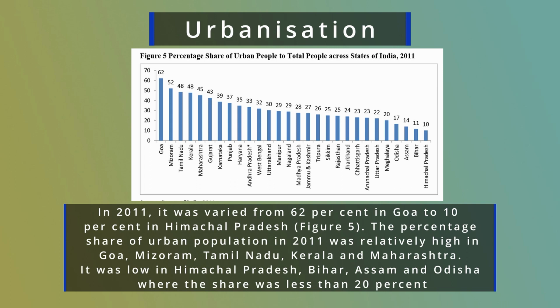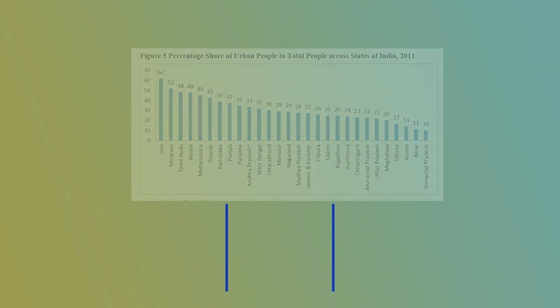In case of Odisha, it is 17%. In case of Meghalaya, it is 20%. That is, for these 5 states like Meghalaya, Odisha, Assam, Bihar, and Arunachal Pradesh, the urbanization is less than 20%, whereas the urbanization is relatively high in case of Goa, Mizoram, Tamil Nadu, Kerala, and Maharashtra.